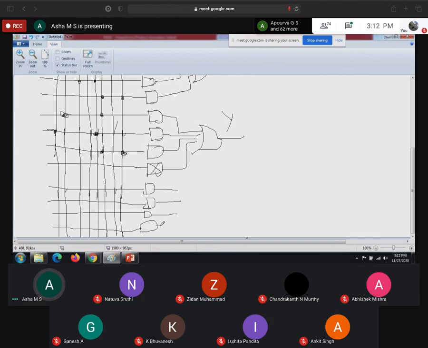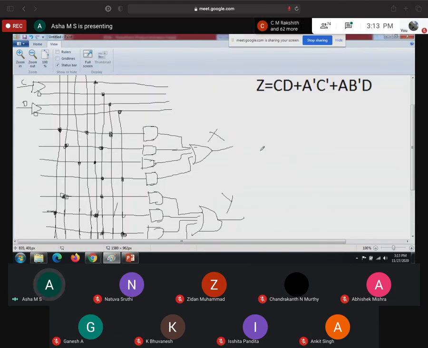Here also the fourth is not used. This is the OR gate. The shape is not proper; correct it while writing properly.